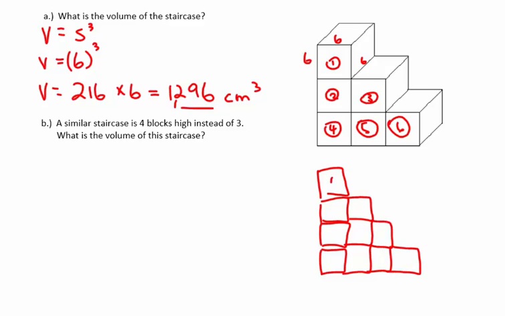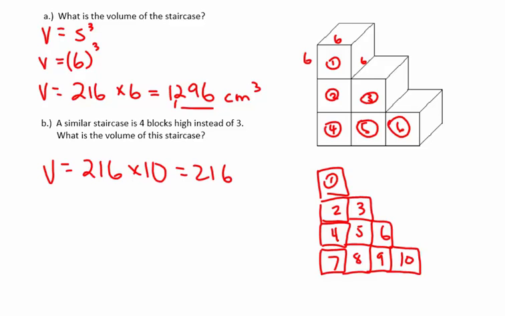Now I have 1, 2, 3, 4, 5, 6, 7, 8, 9, 10 instead of 6. The volume of each is the same still, 216, but now I have 10 cubes that make it up. So now it's 2,160 centimeters cubed. Drawing a picture will definitely help make this question a little easier. Make sure you try those ones on the first page for me, bring those to class, and we'll talk about them.